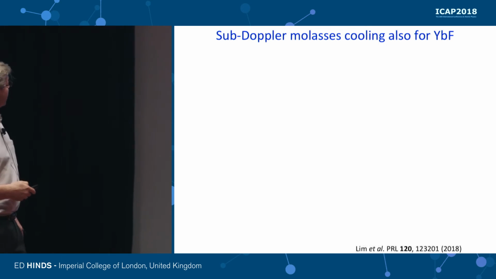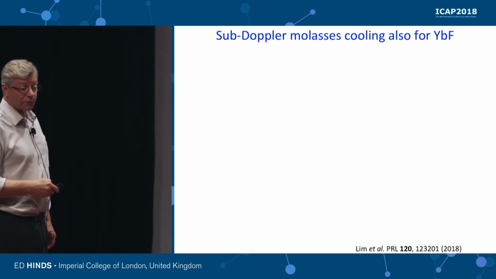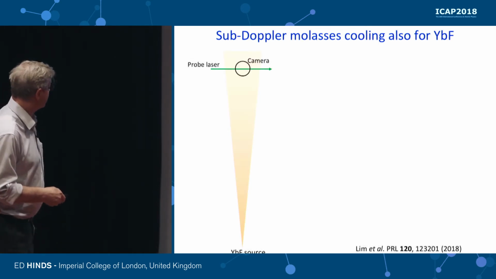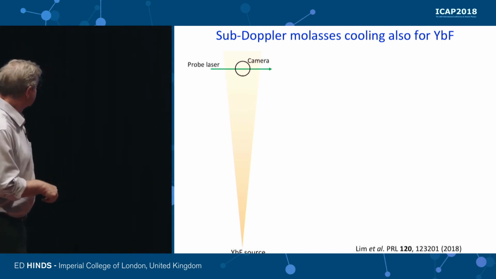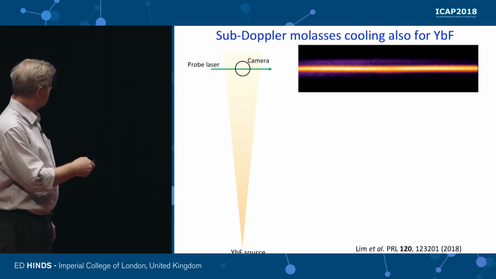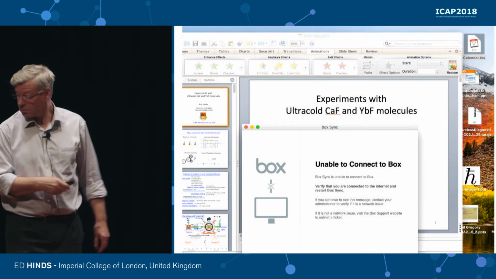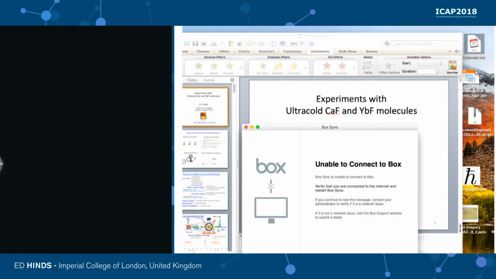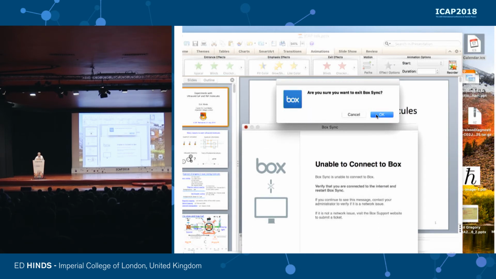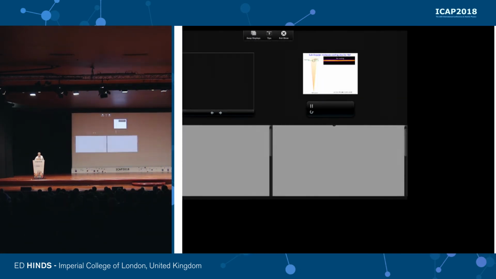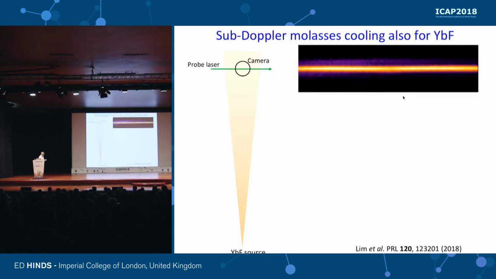I just want to mention in passing that subdoppler molasses cooling also works for YbF, which is the molecule that we like for measuring the EDM. This shows a YbF source and a beam with a probe laser, and in the camera we just see this streak of fluorescence.